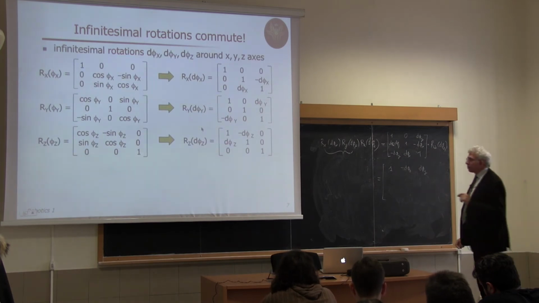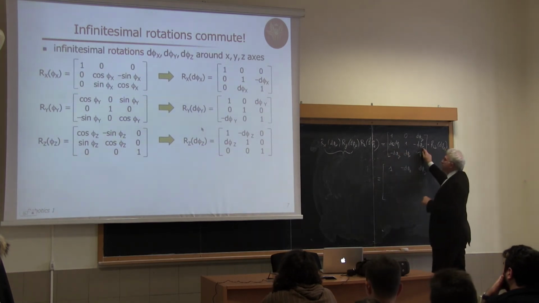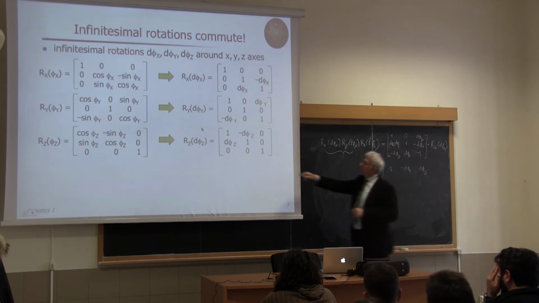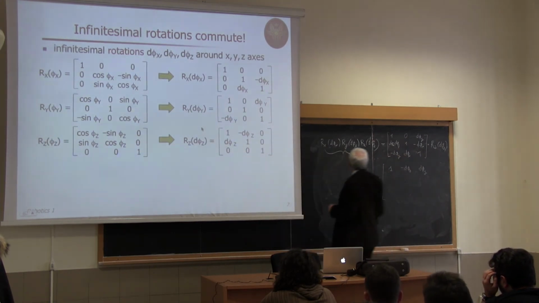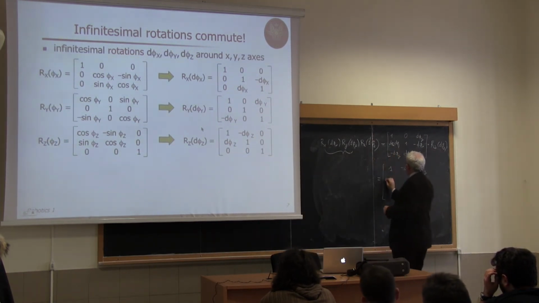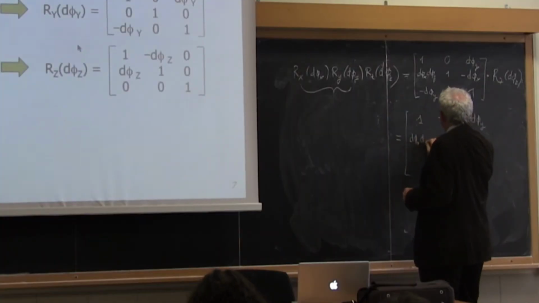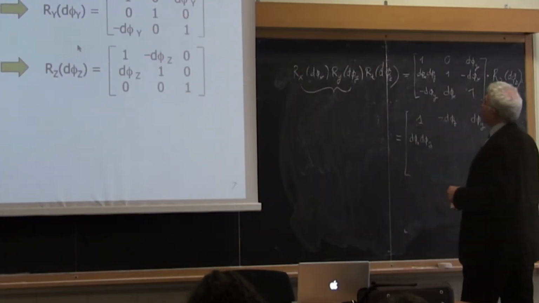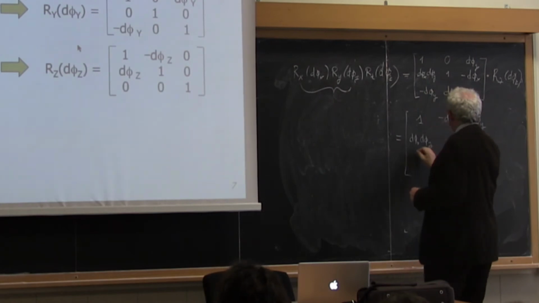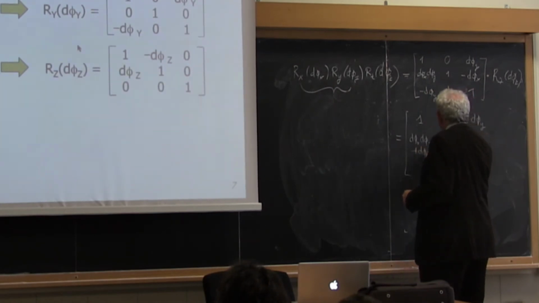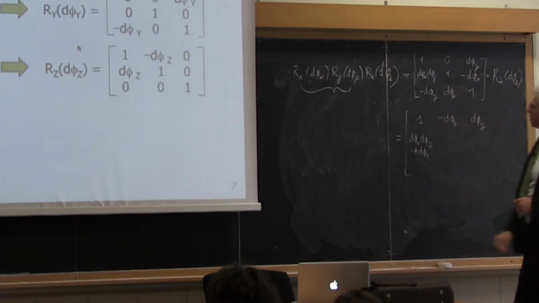Now the second row is much more complex. This row times this column gives d phi x d phi y, then plus d phi z, and this is the first element.